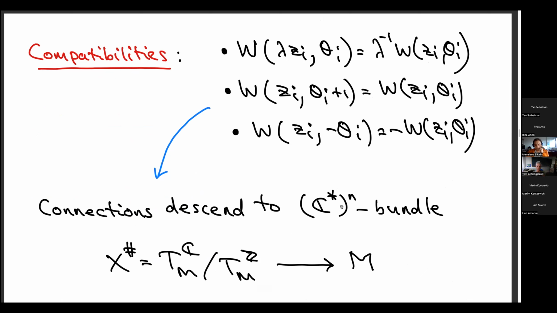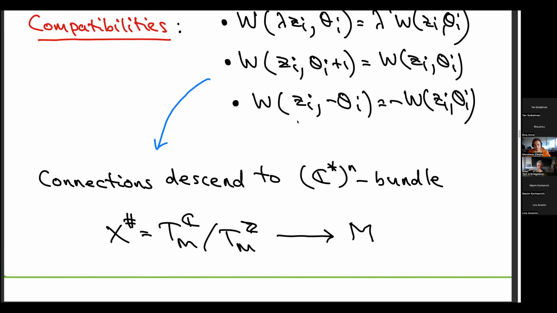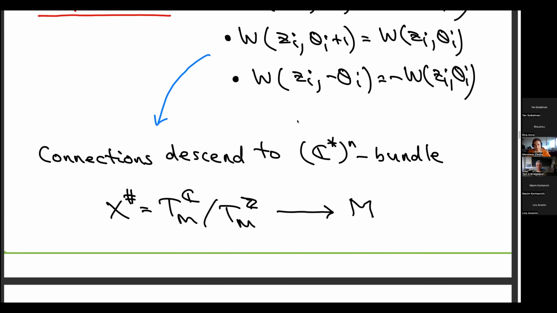So there is this natural C-star to the N bundle, and it's really a hyperkahler structure on this that you should be thinking about. So that's the structure I'm looking at. That's the end of that section. If there are any questions, please ask.